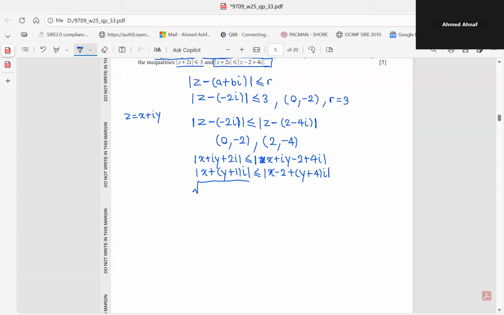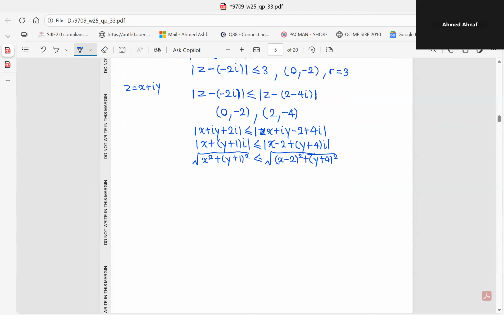So you just square the real and imaginary parts, take the sum of the squares and square root. So the square root of x squared plus (y plus 2) squared less than or equal to the square root of (x minus 2) squared plus (y plus 4) squared. So we can remove the square root and just expand everything out.